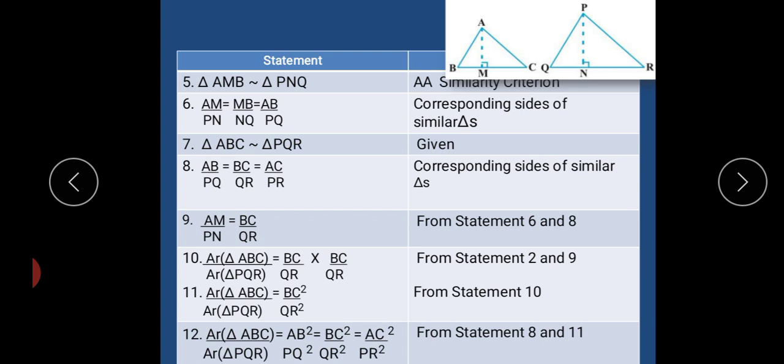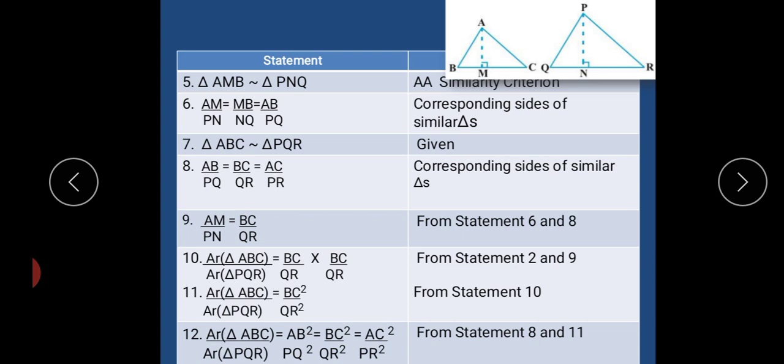So from statement 8 and from statement 11, we get the final result. That is area triangle ABC upon area triangle PQR is equal to AB square upon PQ square is equal to BC square upon QR square is equal to AC square upon PR square.